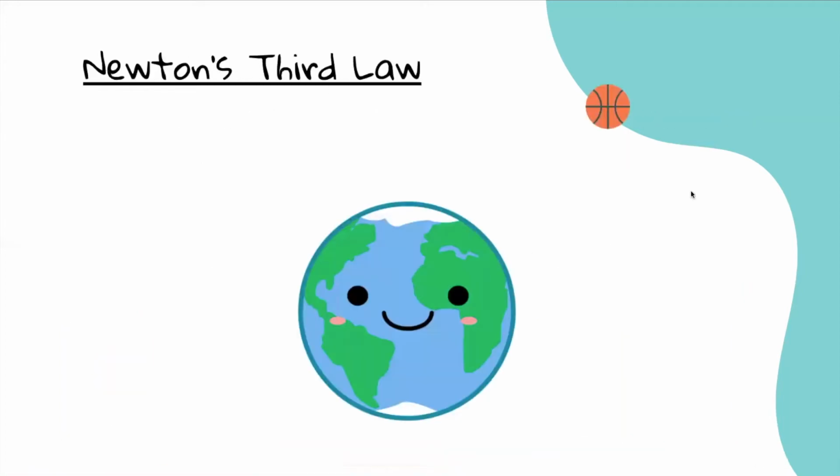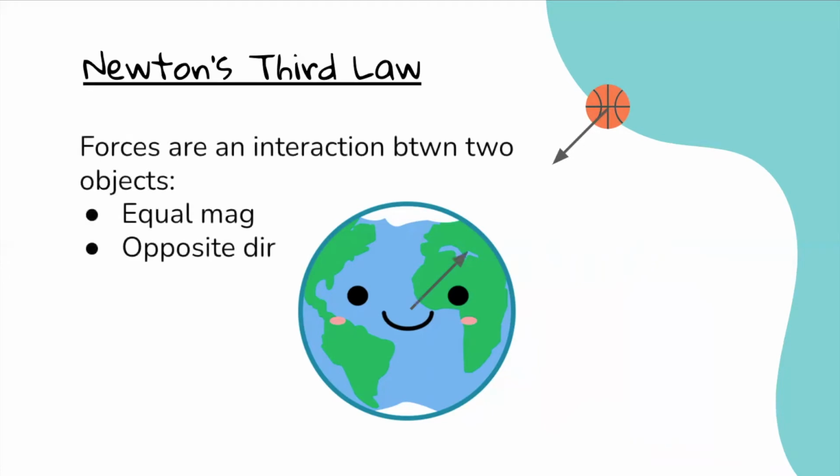But I also know Newton's third law. Newton's third law says that forces come in pairs. So if the ball is gravitationally attracted to the Earth, that must mean the Earth is also gravitationally attracted to the ball. These must be equal and opposite forces.